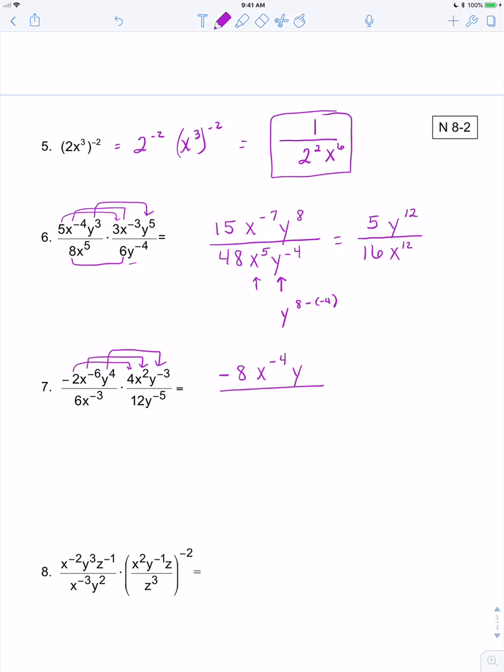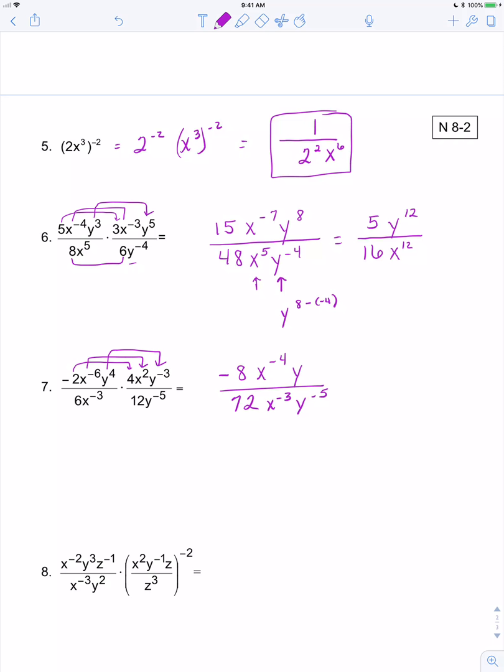Now, on the bottom, 6 times 12 is 72. Again, we don't have any x's to join with, so we have x to the negative 3, y to the negative 5. I think the key to these is just doing one thing at a time. Don't try to do too much all at once in one step.